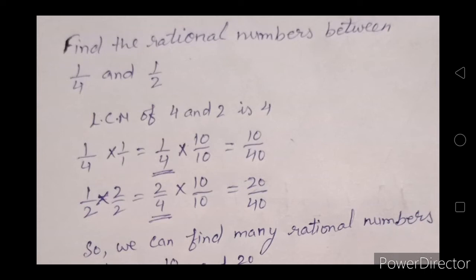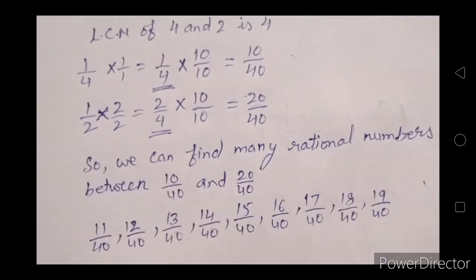So further we will multiply to get more rational numbers between them. You can multiply by 5, 6, 7, 8, 10, 100, 1000, as many as you want. So here we will multiply by 10. When we multiply by 10, it will be 10 upon 40, and the other will be 20 upon 40. Between 10 upon 40 and 20 upon 40, we can find as many numbers as we want: 11 by 40, 12 by 40, 13 by 40, 14 by 40, similarly till 19 by 40.